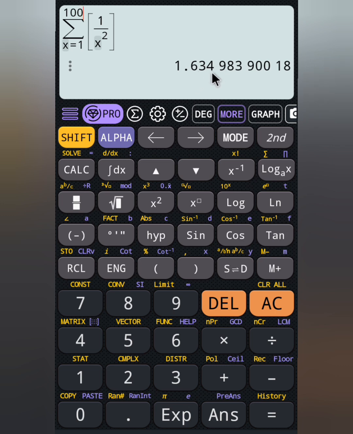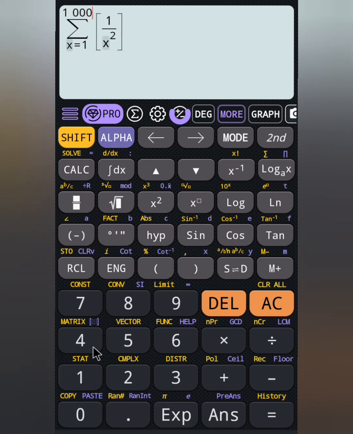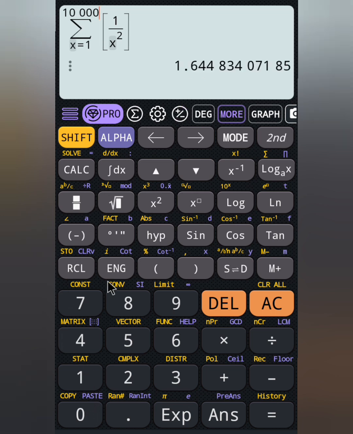The answer is 1.634. Now, when we add it from 1 to 10, it was 1.5. Now we add it from 1 to 100, it's 1.6, a very small difference. Now let's add it up to 1000. To 1000 is still 1.6. Then let's add it up to 10,000. Still 1.6.